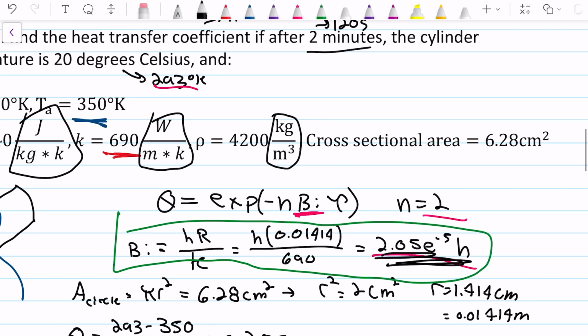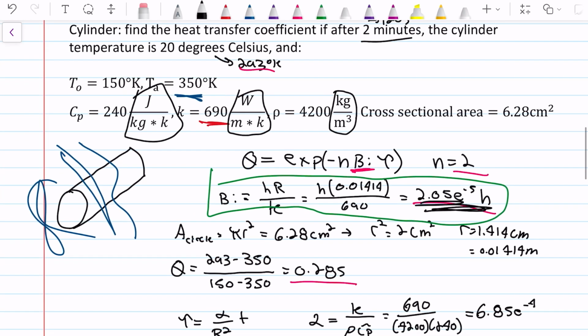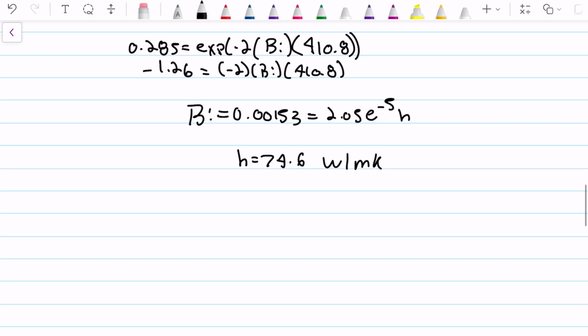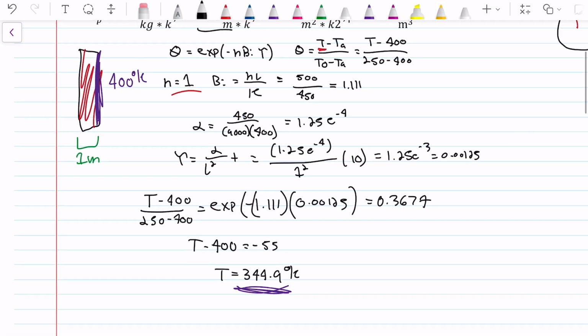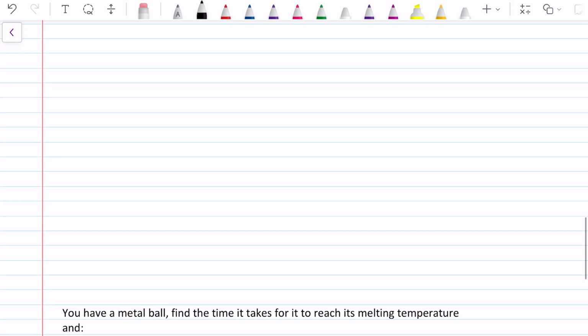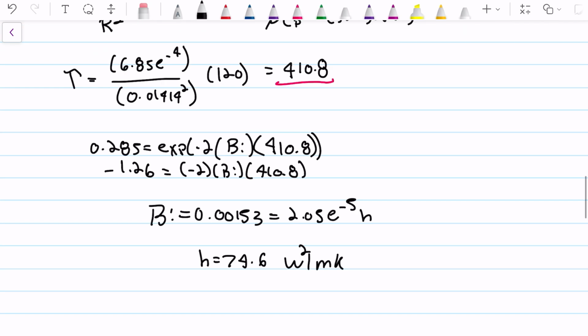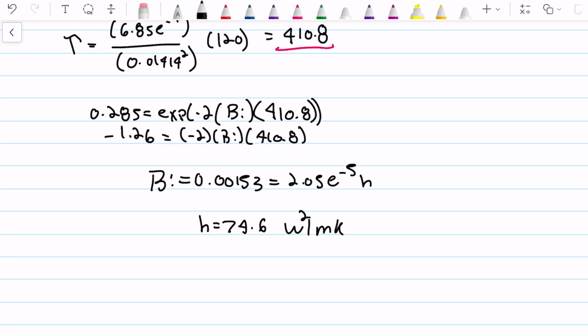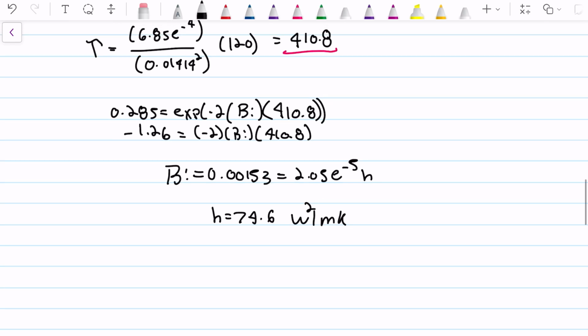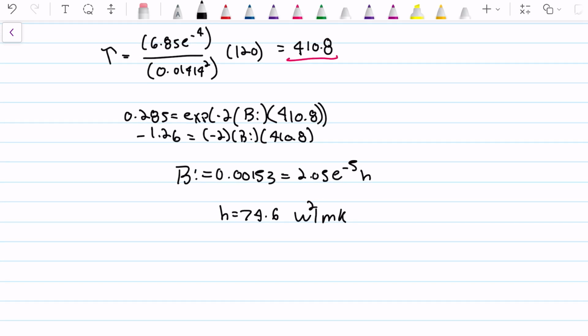Did I get that unit right? That's what it is. There's a meter squared. Yeah, meter squared. Let me make sure I didn't get a parenthesis wrong there, because I might have. Okay, yeah, 74.6 for our heat transfer coefficient.